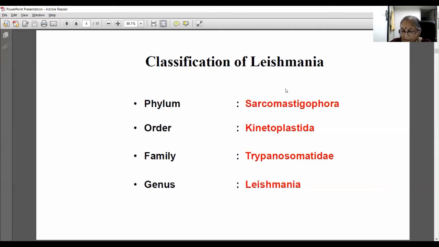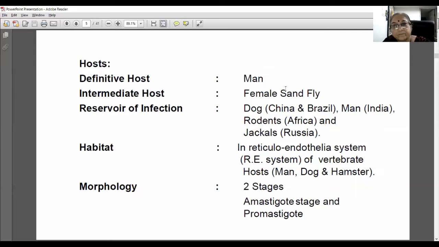In humans and the other vertebrate hosts, they live and multiply within the macrophages and other phagocytic cells, where they occur exclusively in the mastigote form. Two hosts are required to complete the life cycle, as I told you.